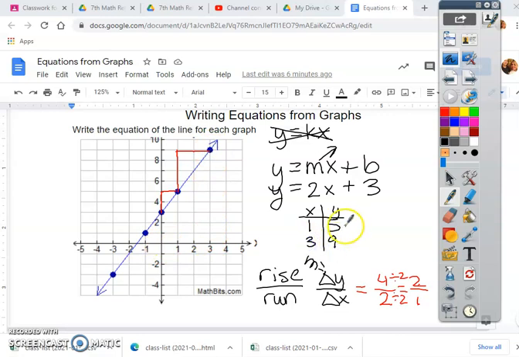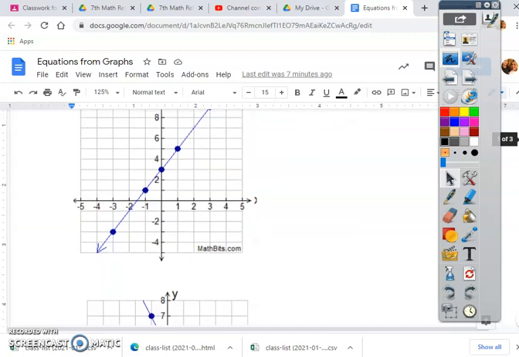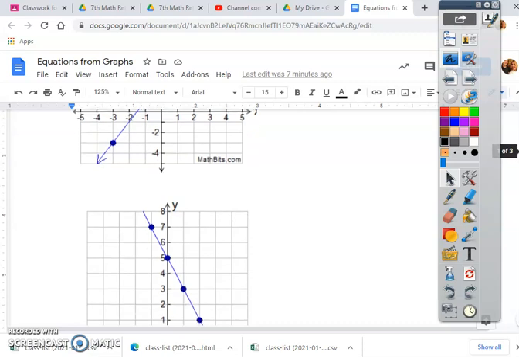If I do constant rate of change, that's 4 and that's 2, and that's what I got, 4 over 2. So your rise over run and your constant rate of change are the same. I don't care how you do it. It is fine with me if you just pull out 2 or 3 points and find constant rate of change, but sometimes you have to label your points.